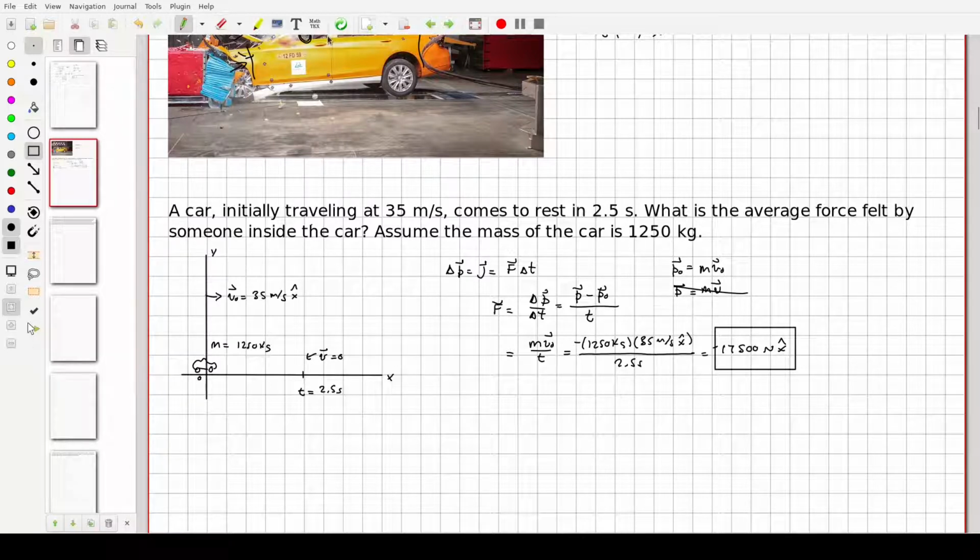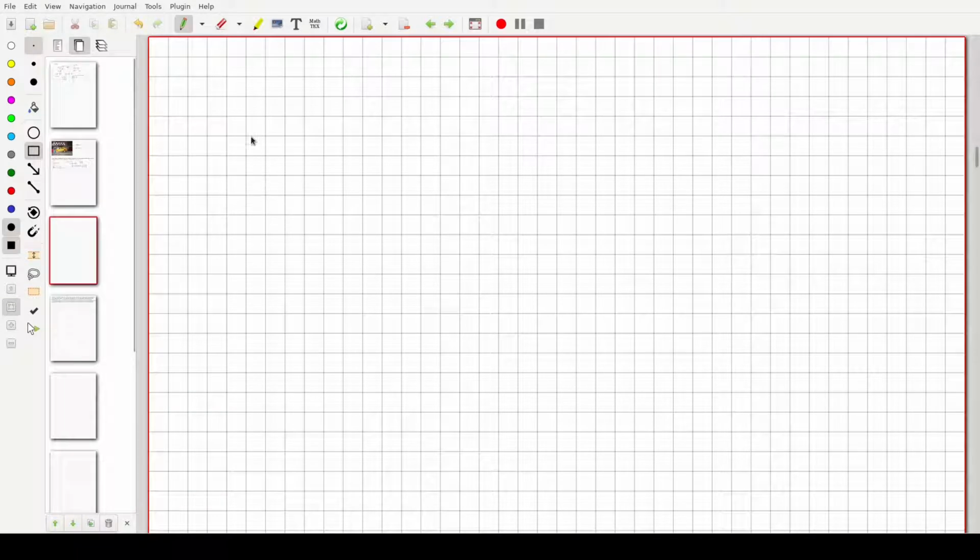So that said, in general, your force may not be constant. And there are a couple of different ways that you can deal with forces that aren't constant. If your force is a function of time, then you're okay.